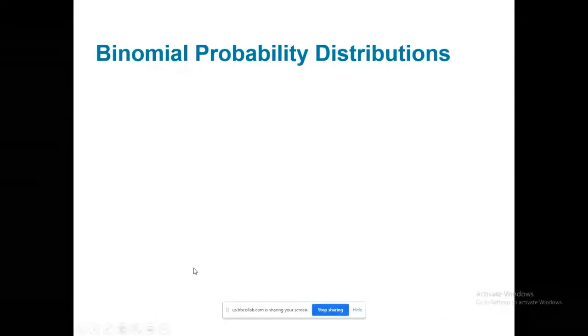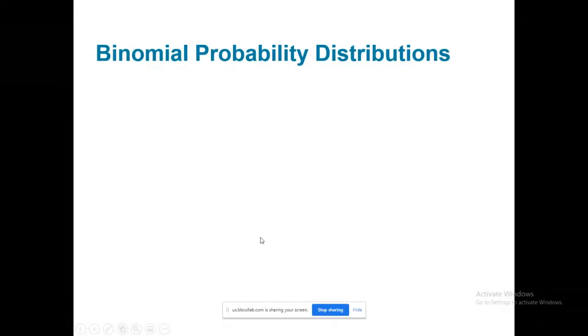All right, so I'm going to go back to our shared screen. And now we're going to talk about a special type of probability distribution, and it's called a binomial distribution.